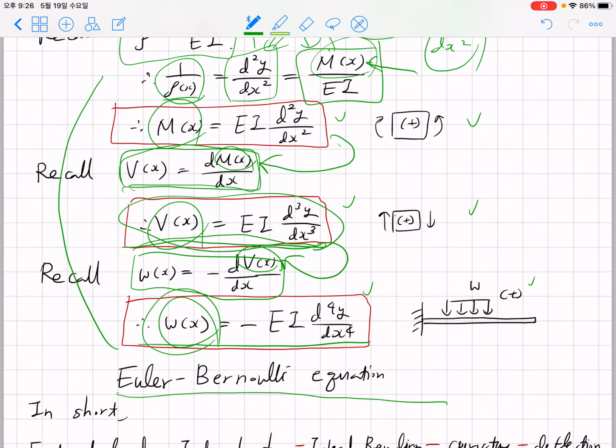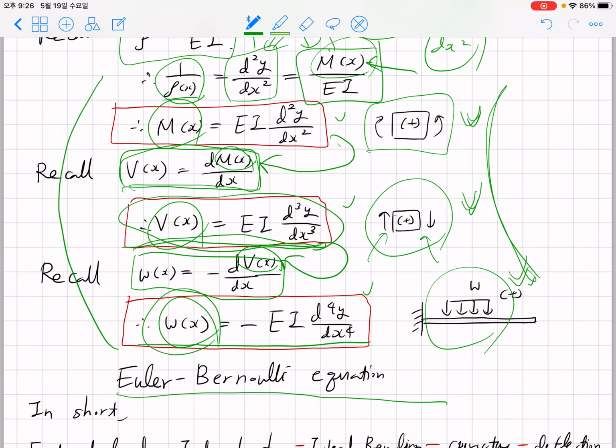The positive sign for m indicates the smiling moment sign, and the positive sign for shear force v has different meaning for the left-hand and right-hand surface, so you have to be careful about this. Regarding the distributed loading, we take the downward distributed loading as positive. So you have to be consistent in using this sign convention for defining m, v, w, so that you can use these differential equations usefully.